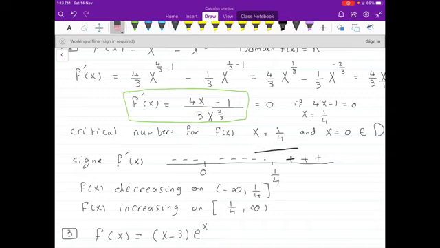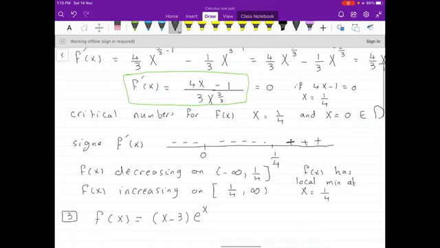So we have a local minimum. f has a local minimum at x equals 1/4. If you want to find the point, it will be 1/4 and f of 1/4.